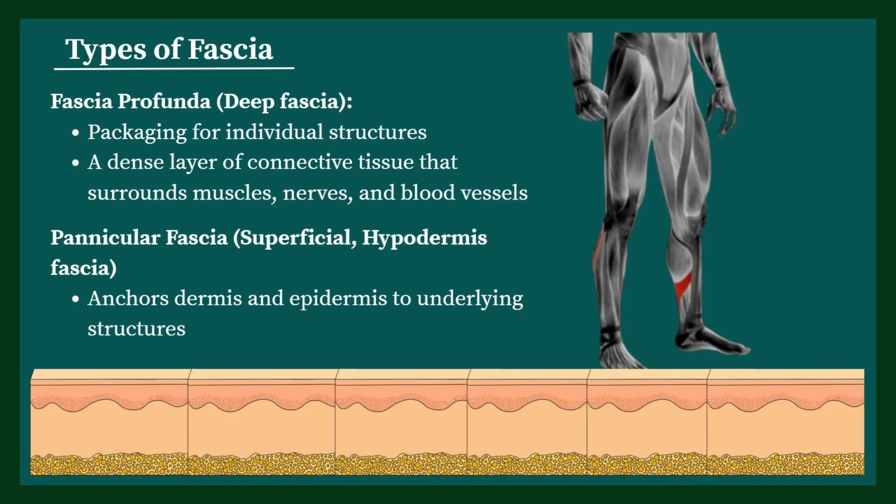So the deep fascia, they call it the fascia profunda. It's the packaging for everything, all the tissues, even our organs. But in the case where we're talking about muscles, it packages the muscle belly. It packages the fascicles at the next level. It packages the muscle fiber, which is the cells.